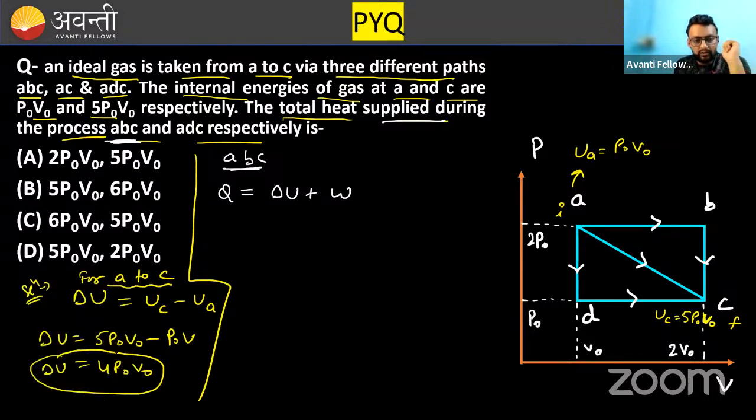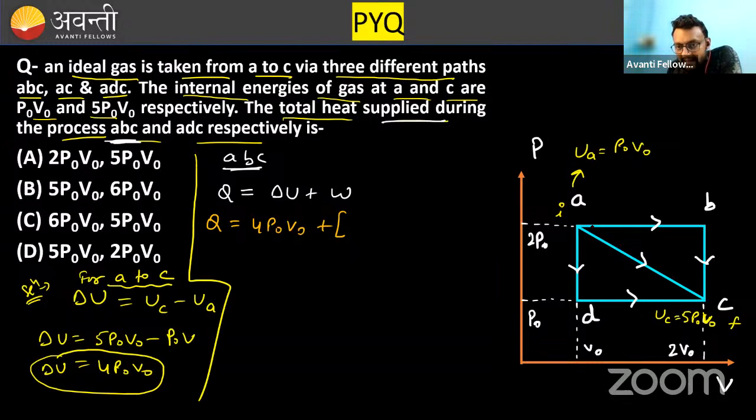Now, if I solve, Q is to be found, delta U we have calculated as 4 P naught V naught, plus work done. Now you need to calculate the work done in the process ABC.